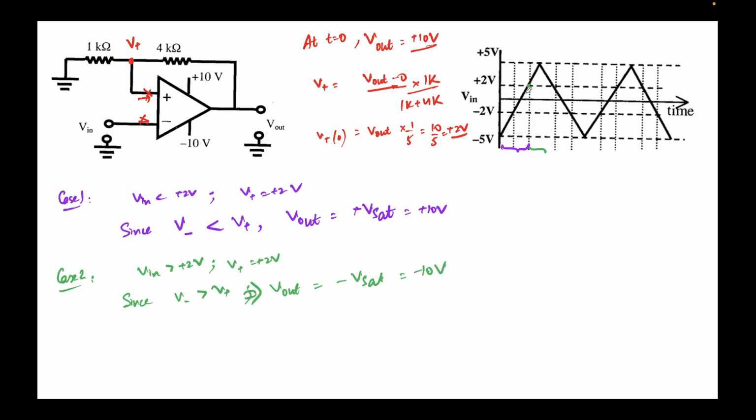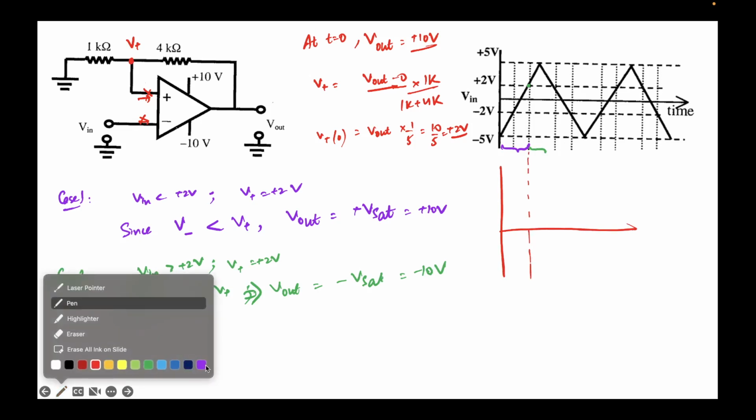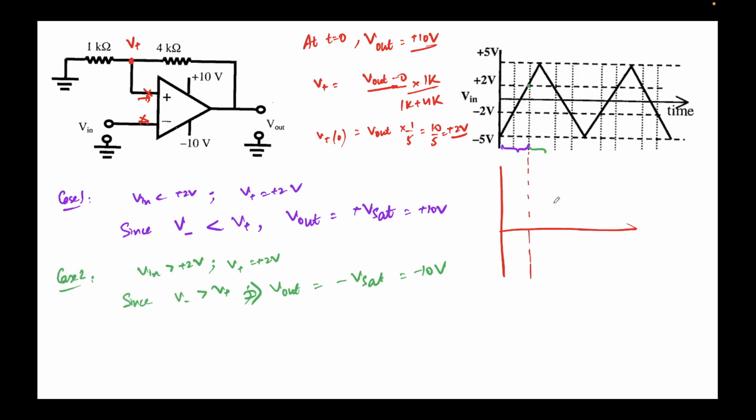So at this junction, I'll draw the output waveform here itself so that it's easier to understand. So this is the output waveform. This was the region over here, and for the first part, the purple part, the output voltage we saw was plus 10 volts. So this is plus 10.